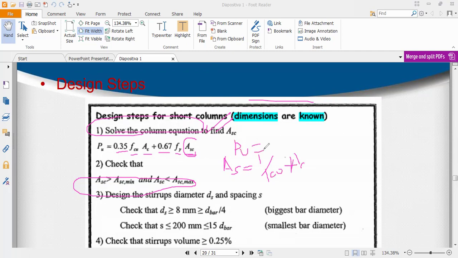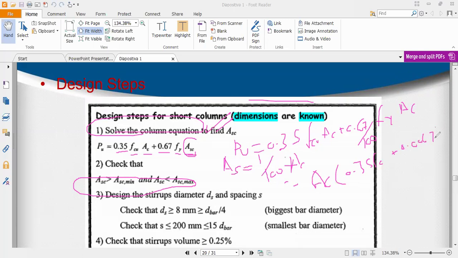So P ultimate is equal to 0.35 FCU area C plus 0.67 multiplied by 1 divided by 100 FY area C. And we can get area C as a common factor outside, so 0.35 FCU plus 0.0067 FY. This is the main equation without any assumption about area S.